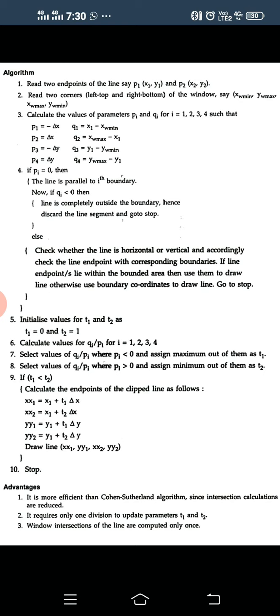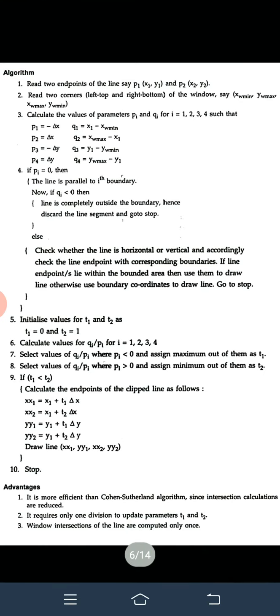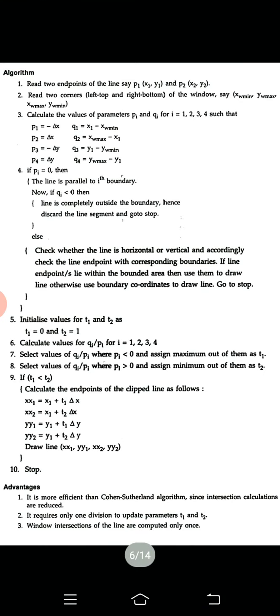The seventh and eighth steps are to be considered. What is it? Select values of qi and pi. We have to get the values of qi and pi where pi is less than 0.